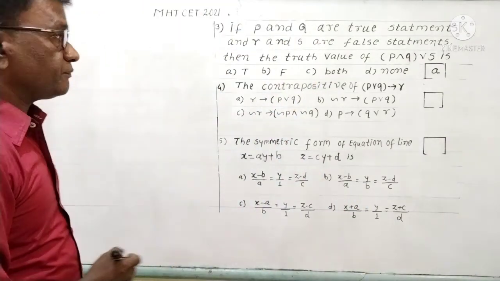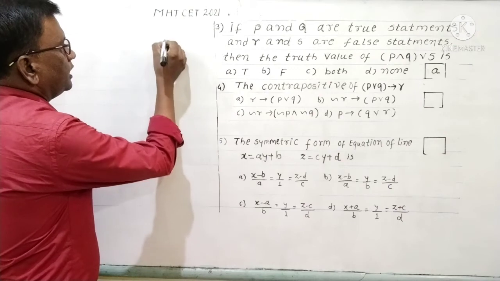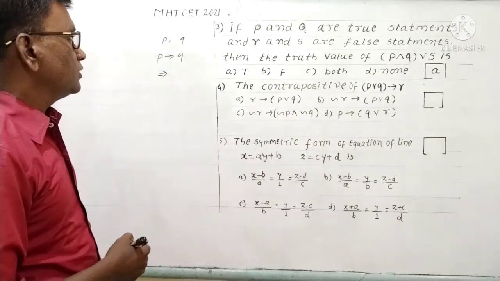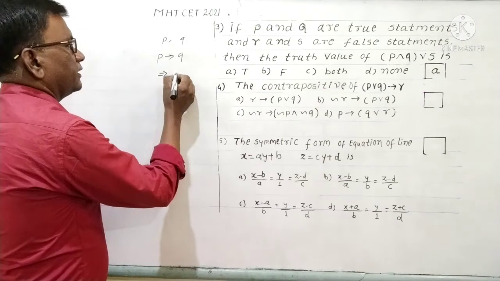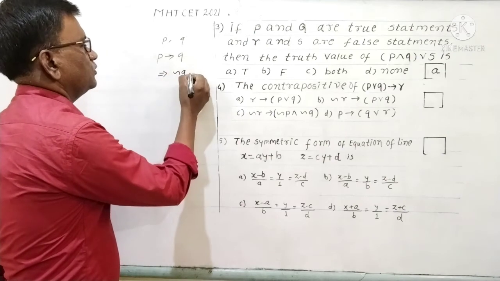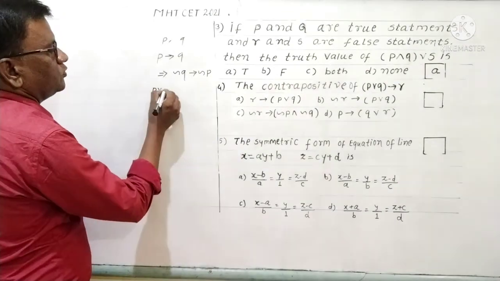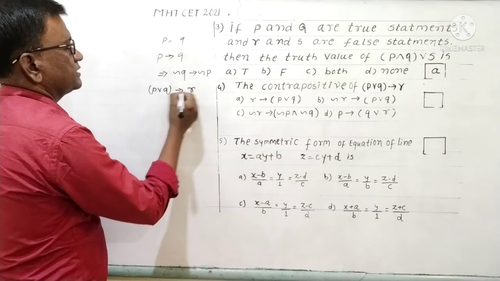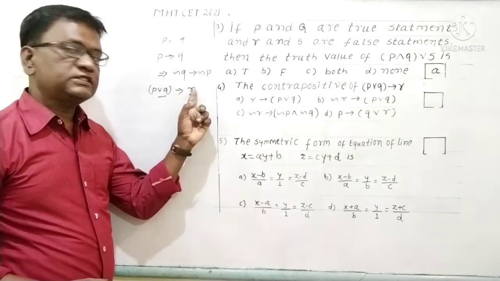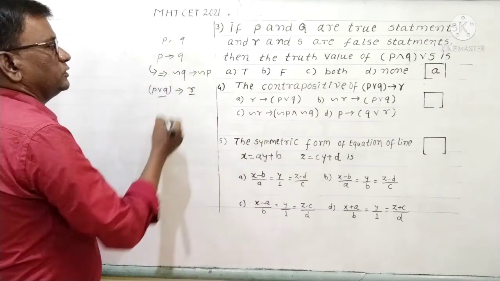When a relation is there, you know that if P and Q are two statements, then the statement P implies Q is written as the contrapositive statement negation of Q implies negation of P. We have given that P or Q implies R. Consider this as P and this as Q. Then the contrapositive statement is negation of Q implies negation of P.